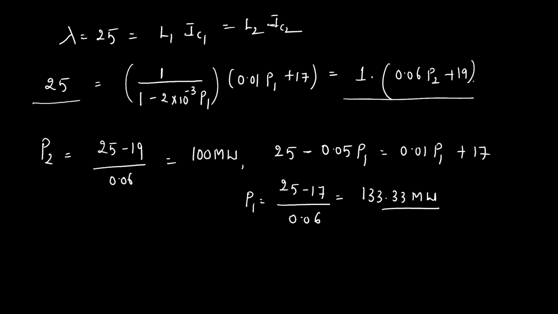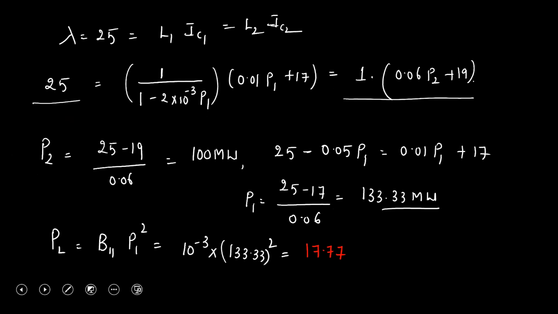So these are the two generations, but this is not the question. He's asking PD. So first you have to calculate PL. PL is equal to B11 into P1 square. If you substitute 10 power minus 3 into 133.33 whole square, you are going to get the loss.